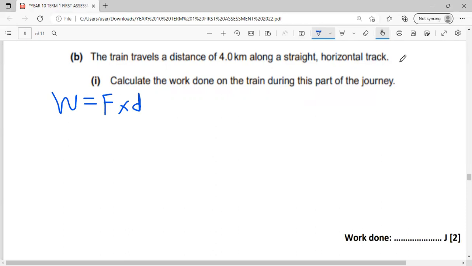Now, let us assume that this is the train. The train is being powered by some motors as stated in the question. Now, the motor produced a force of 360,000 newtons.